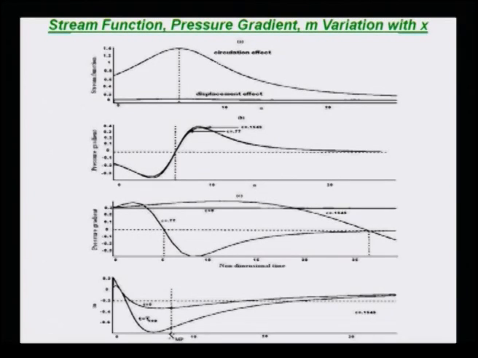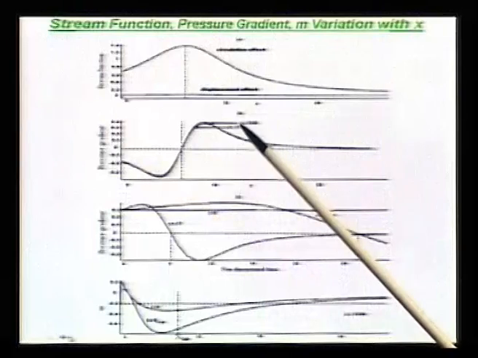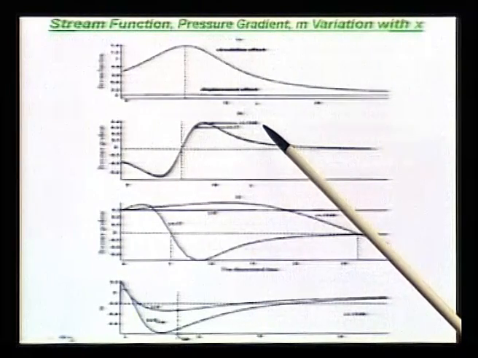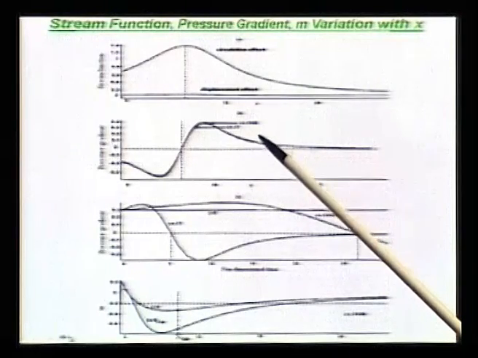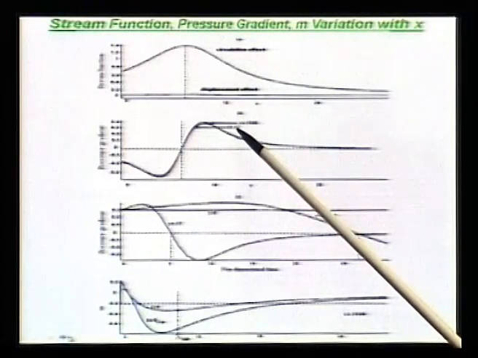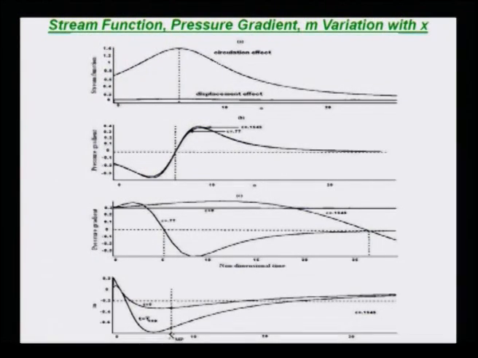Okay. Now, we have shown two cases of the pressure gradient for different values of c. One of the values is 0.1545, okay, very low speed. Another is 0.77. We had done these visualization cases.